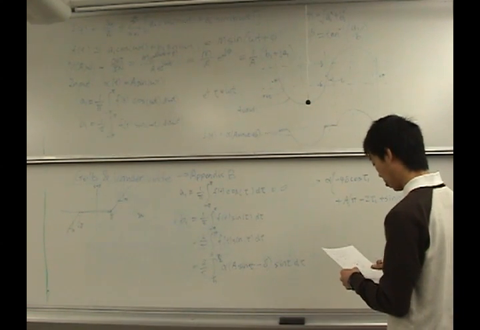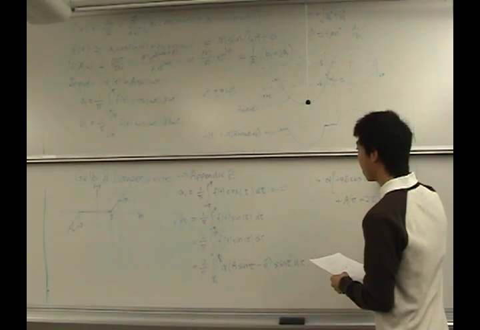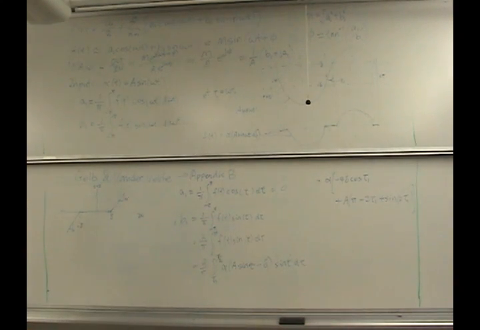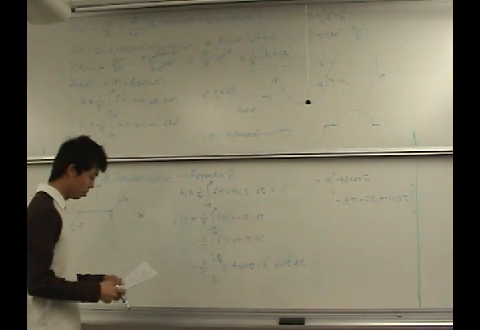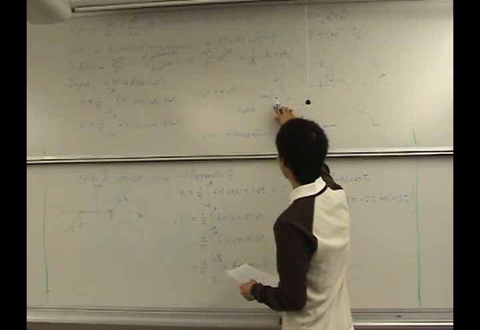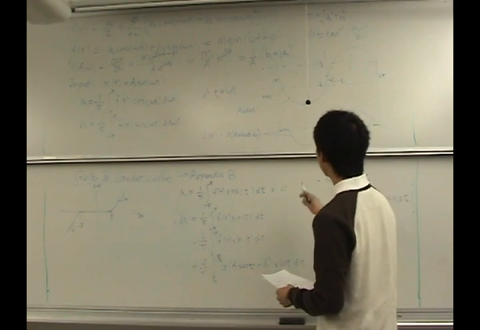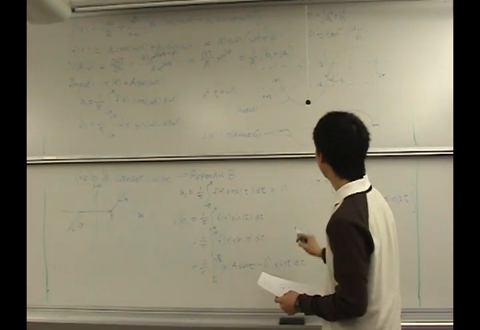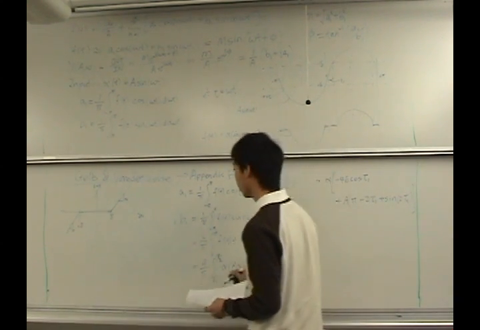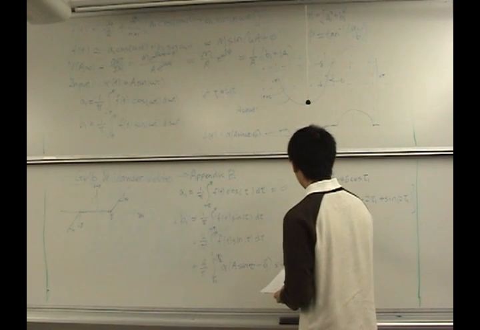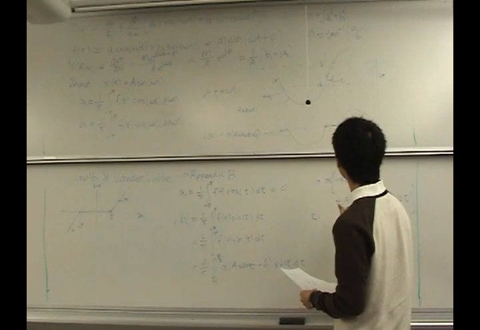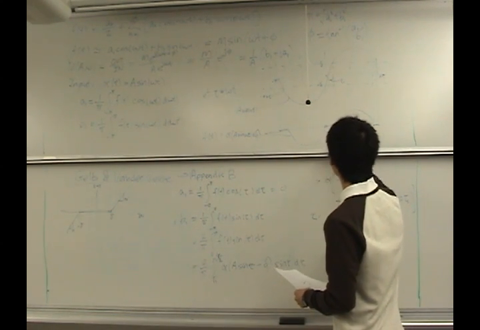Okay, let's go for that. Let's see. Well, what we could say is, this is tau 1, it's an angle, right? So let's do this one.